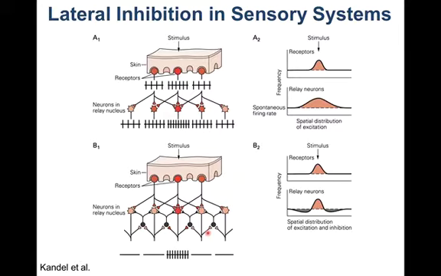The takeaway is the principle of lateral inhibition. One neuron that is maximally activated will inhibit its neighbors, and that will increase the precision with which a stimulus can be identified, whether it's location or otherwise. And in the case of vision, lateral inhibition is important for high acuity color vision.